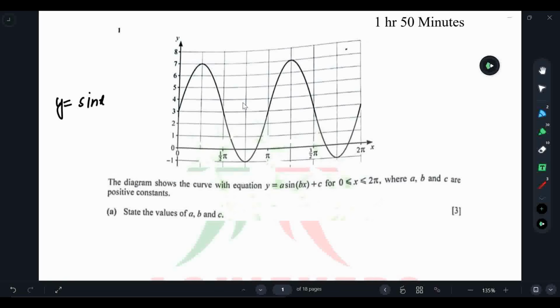So we can see that there is a stretch, there is a translation, and there is a vertical stretch and horizontal stretch as well.